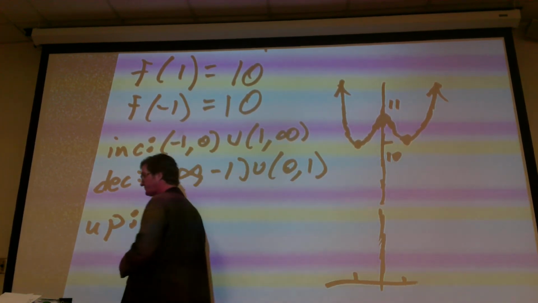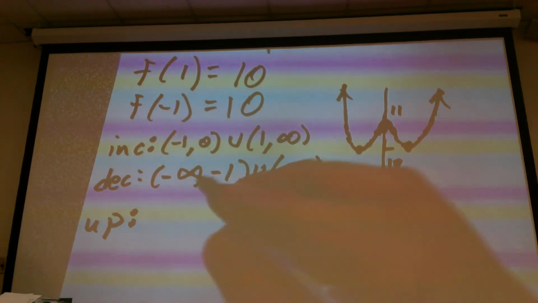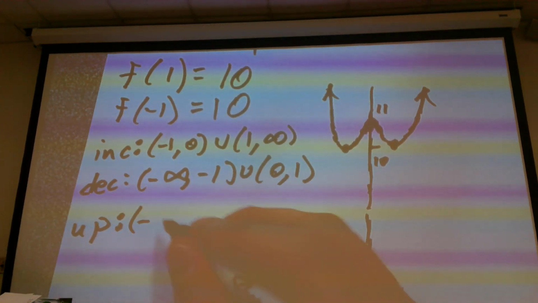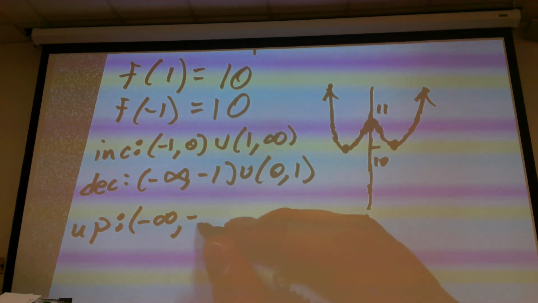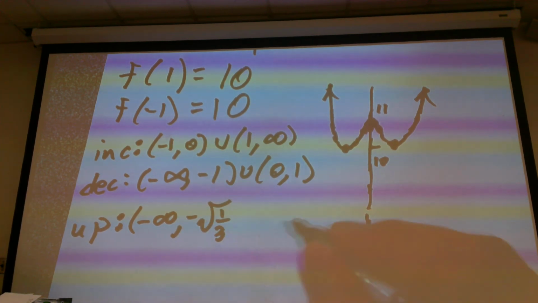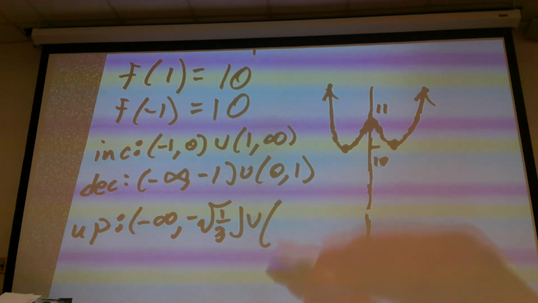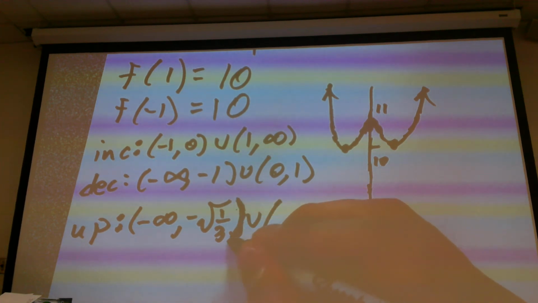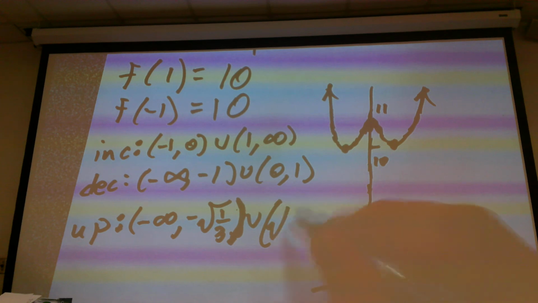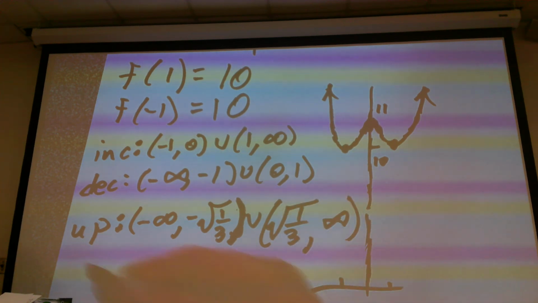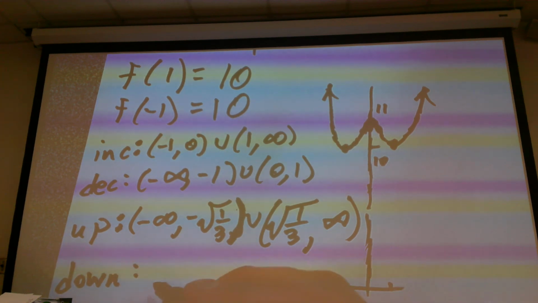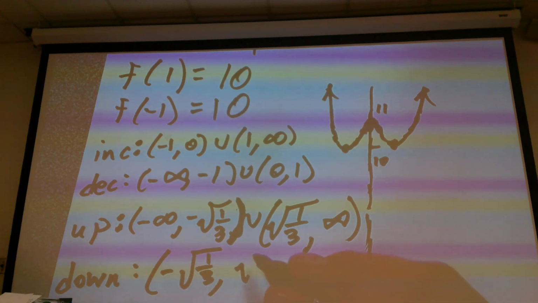So for up, this would be negative infinity to negative square root of 1 over 3, and square root of 1 over 3 to infinity. And down would be negative square root of 1 over 3 all the way to square root of 1 over 3.